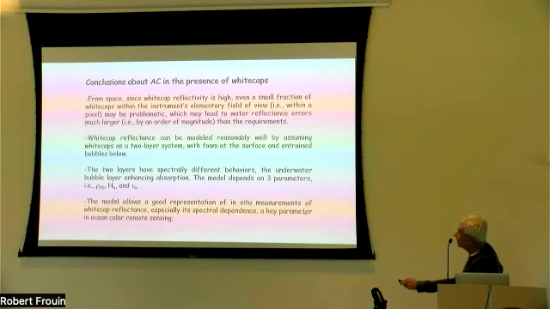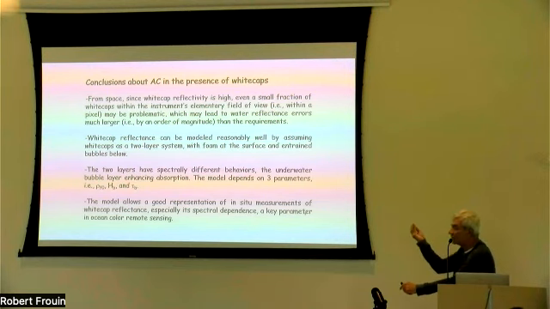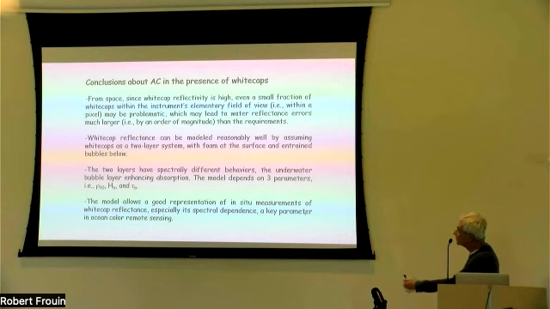And the two layers have different spectral behavior, the underwater layer enhancing absorption. And again, this was the first hint we had at the beginning, why we have this decrease in reflectance. And we just thought that maybe it's because the bubble layer is so scattering that it enhances absorption, but the model can verify this assumption.